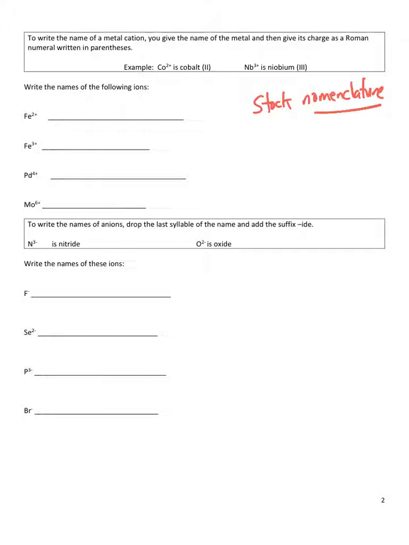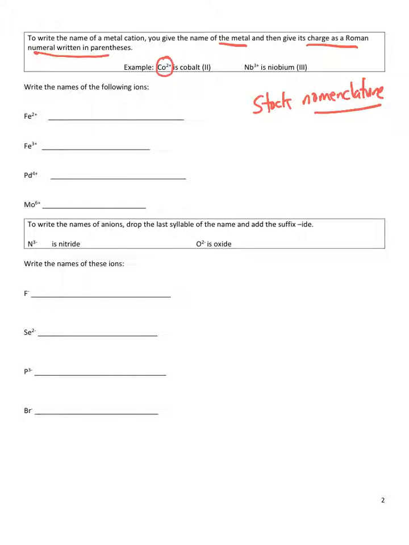Before we do that, let's talk about how we write a Stock name for an ion. You give the name of the metal, and then give its charge as a Roman numeral in parentheses.